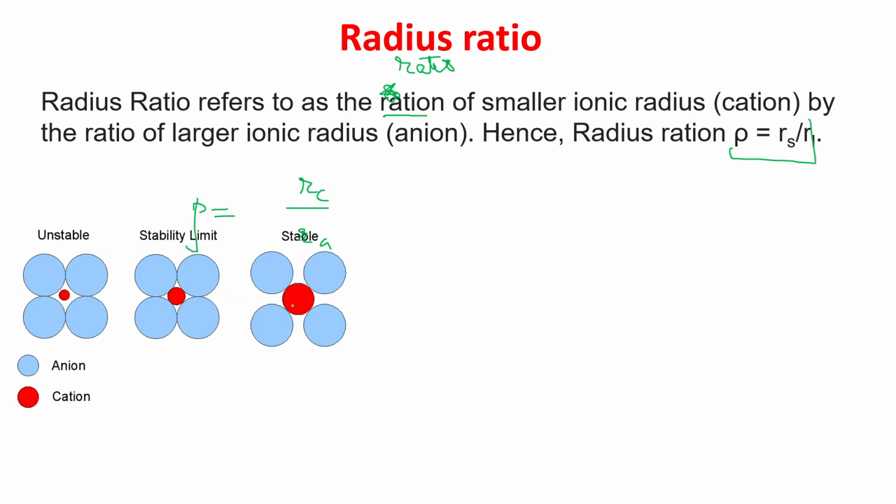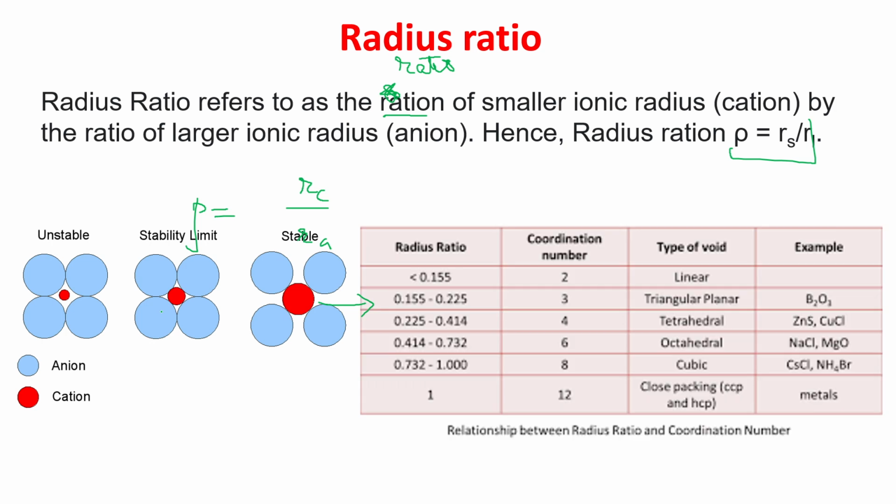But if the size of the cation is too large, that will not cause a proper arrangement, and because of that, gaps will be generated between the molecules present in the solid. That's why this is the stability limit. Okay, if a proper sized cation is present in the voids, that means the arrangement will be good. So the radius ratio is the ratio of cation over anion.